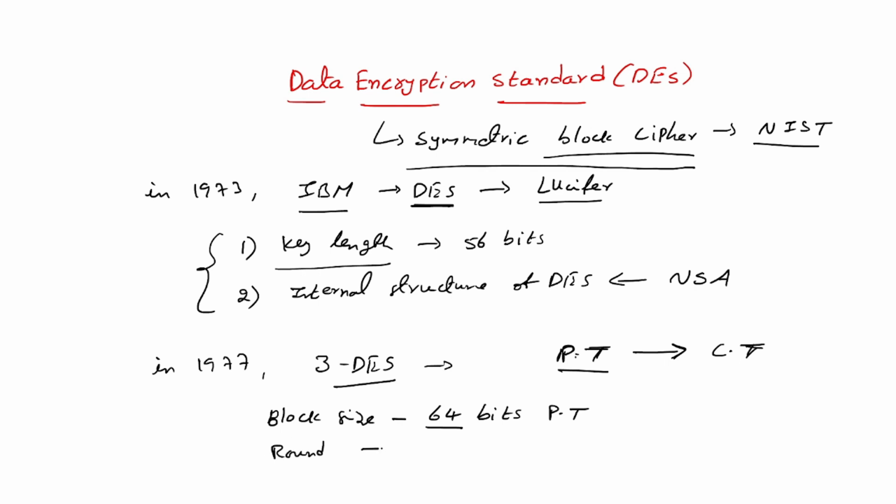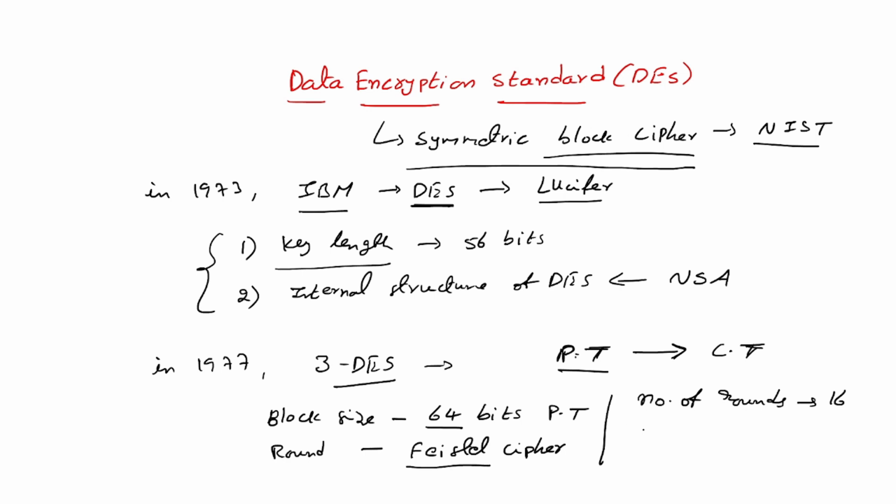Here we use the Feistel structure as the round function. Each round is a Feistel cipher. The number of rounds is 16, and each round contains a Feistel structure. We will learn about the Feistel structure later.